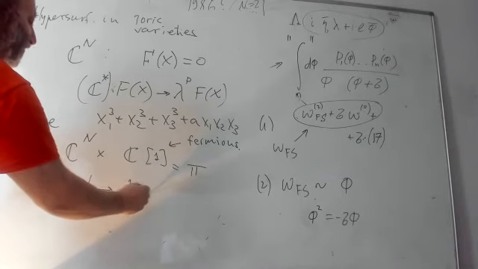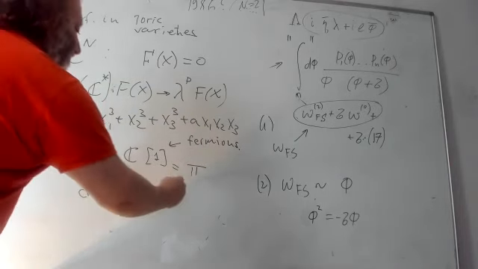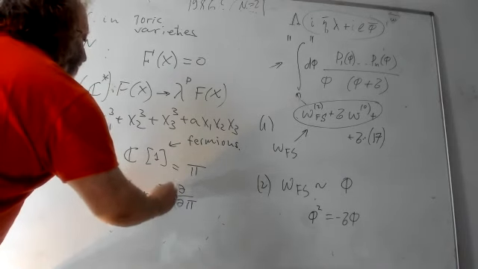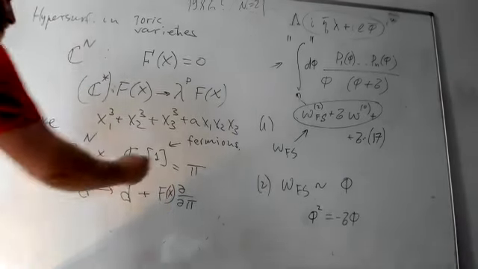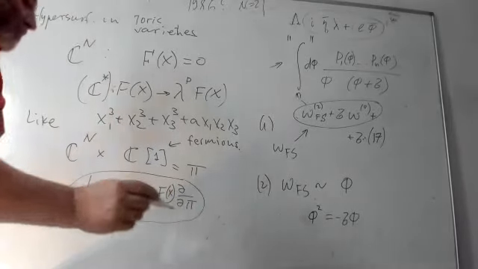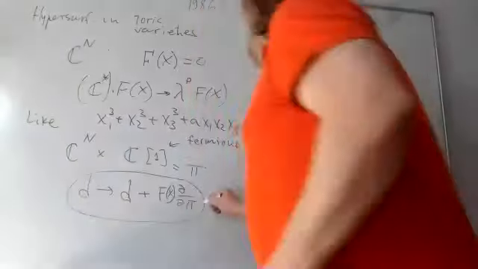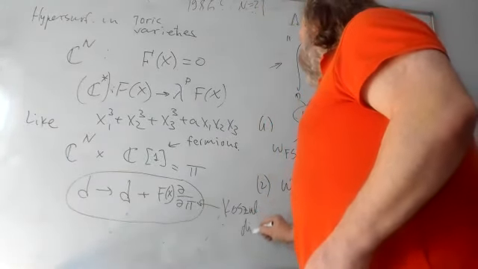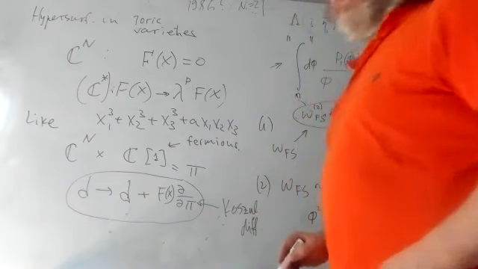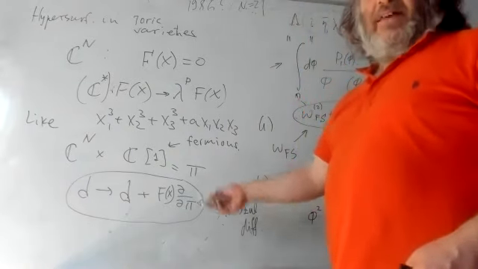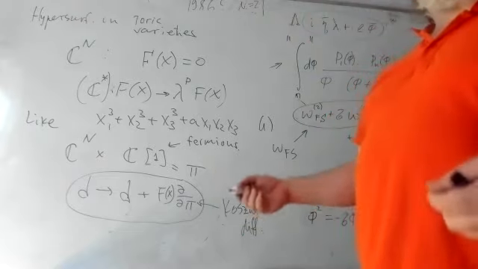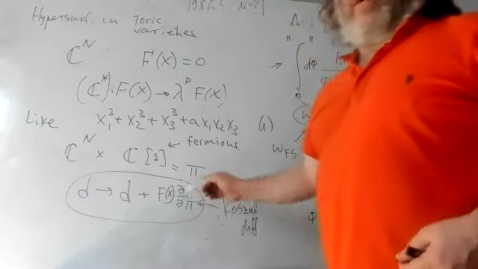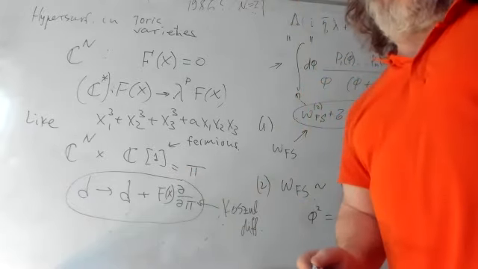And I can deform the differential to be like this. And this is called the Koszul differential. And I can write down integral formulas where everything is localizing on zeros of f. And then I take a quotient with respect to C-star.